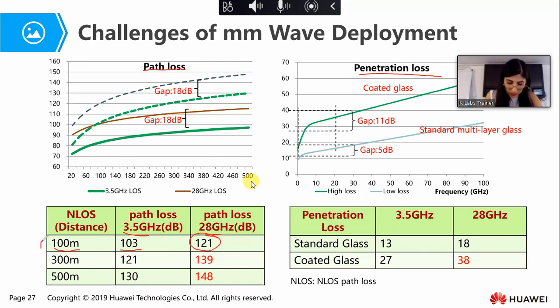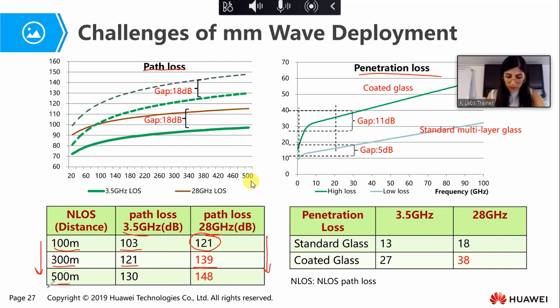As the distance increases, also the gap of the path loss between lower and higher frequencies increases. So we can see from here that at 300 meters, the path loss at 3.5 gigahertz is 121 dB, while the path loss at 28 gigahertz is 139 dB. And again, as the distance increases, also the gap in the path loss increases.